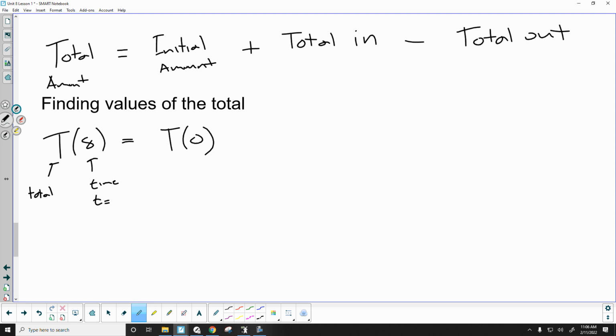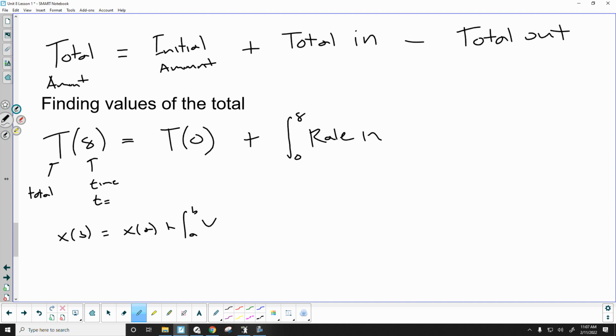Now I need the displacement of my total. Well, my total in, I know, since I'm given a derivative, since I'm given a rate in, I can accumulate my rate in, and I get my total in. Does this look familiar to you? Does this look just like x of b equals x of a plus integral from a to b?